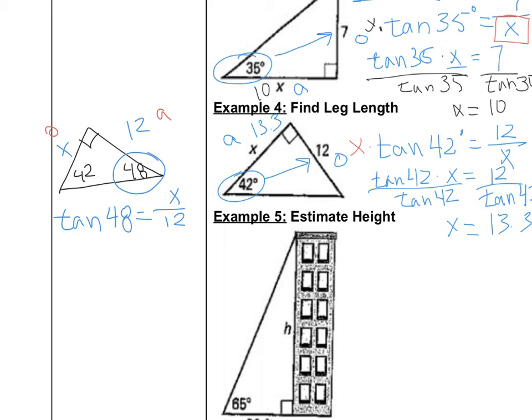Now to solve for x, we multiply by 12. This will actually save us a step in the algebra. So to find x, you just take 12 times tangent of 48, and that will equal your x. So now I go 12 times tangent of 48, and I get 13.3 again.